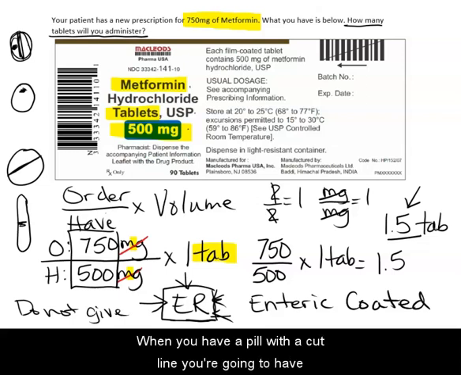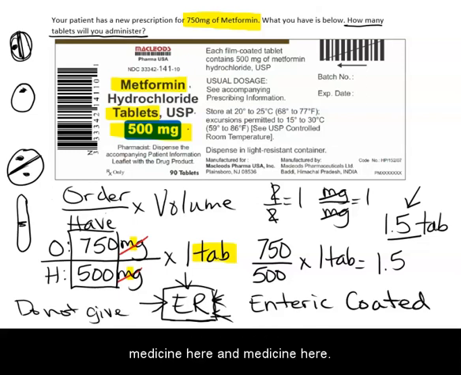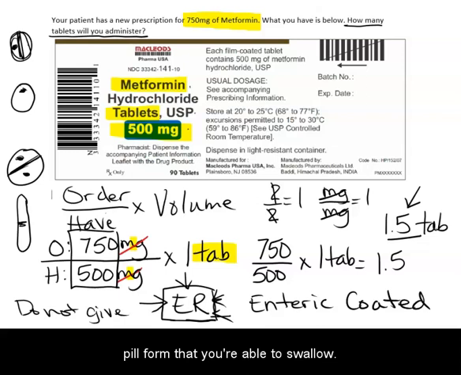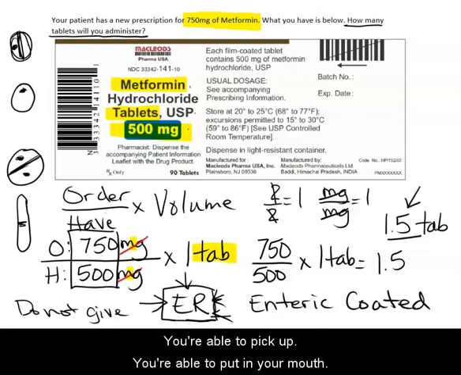When you have a pill with a cut line, you're going to have medicine here and medicine here, because most of a pill is actually a carrier. So it's just a substance that's not going to hurt you, it's not going to help you, but it's holding that dose of the medicine in pill form that you're able to swallow, you're able to pick up, you're able to put it in your mouth.